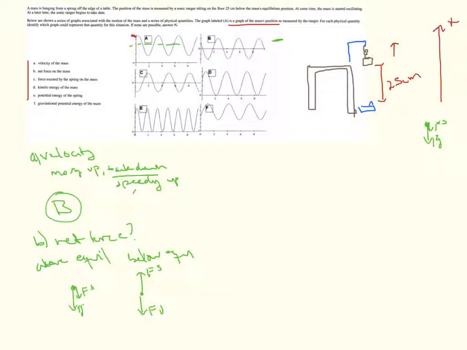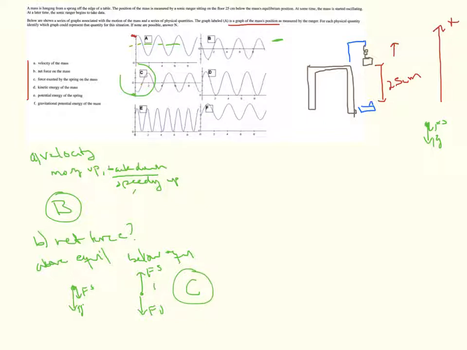And then it should stay negative until the point where I cross equilibrium, negative and increasing until I turn around, and then it should be negative decreasing until the point of crossing equilibrium. And when I cross equilibrium, it should switch directions to positive. So this is consistent with graph C, right?